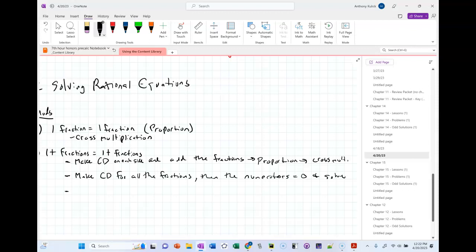And that's really the same thing as what I would recommend, which is clearing fractions, where we multiply both sides by the least common denominator and then solve the resulting polynomial.